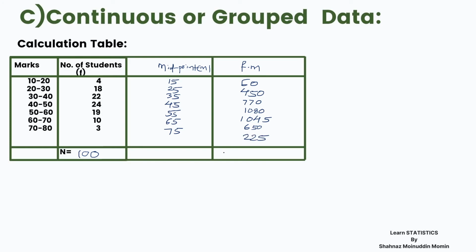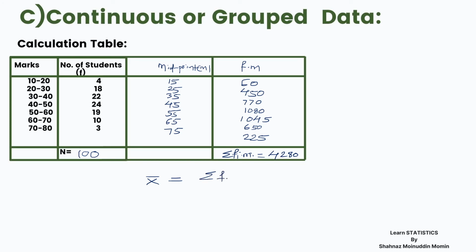Add all these values, we will get the sum of multiplication of frequency into midpoints, which comes out to be 4280. Put all these values in the formula of arithmetic mean for the continuous distribution.